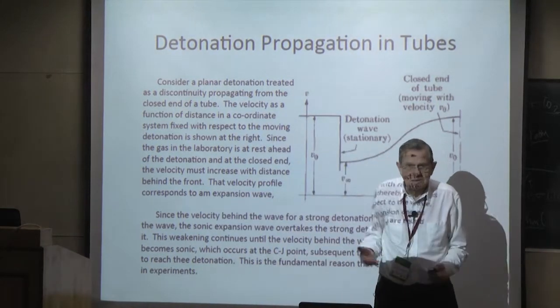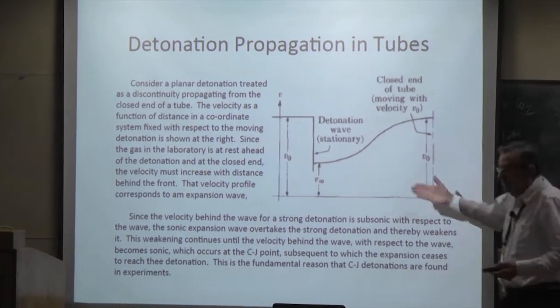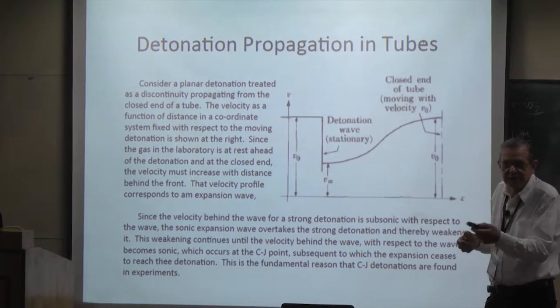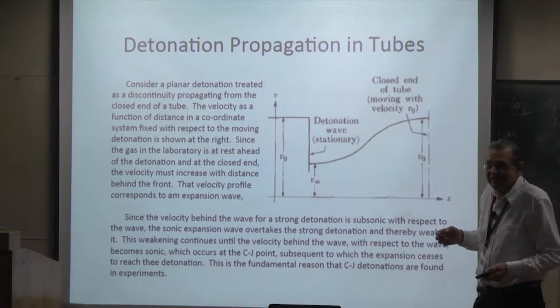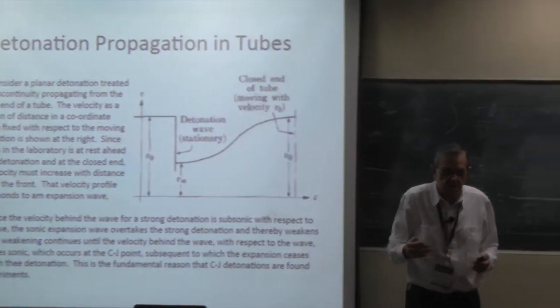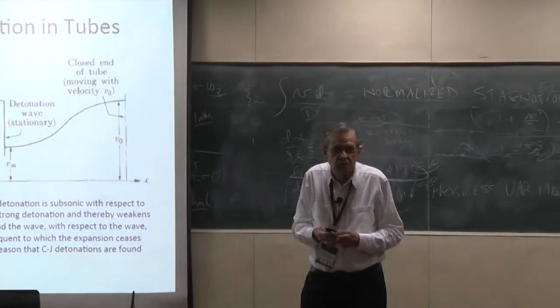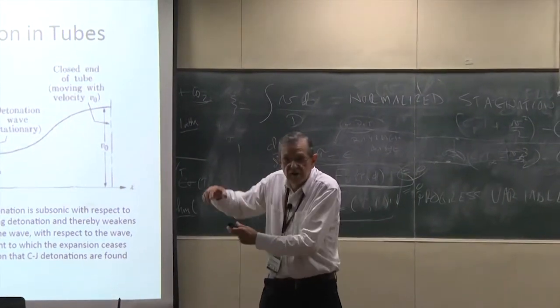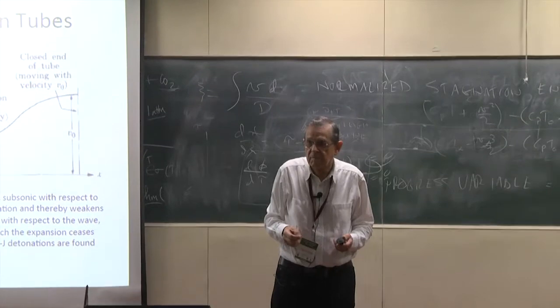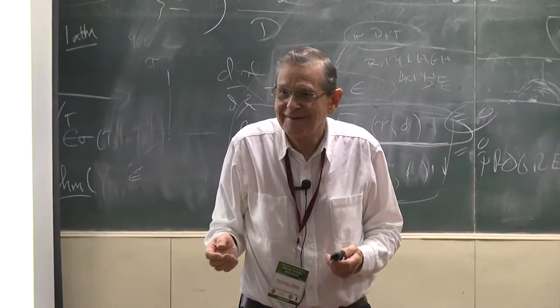And so it will continue to propagate at Chapman-Jouguet speed. That's why in a tube experiment, to answer an earlier question, detonations propagate at that speed for this wave dynamic reason, and it's not for a structural reason, but for a wave dynamic reason in the environment in which the detonation is moving. Is that okay? Is that an okay answer to your question? Okay.